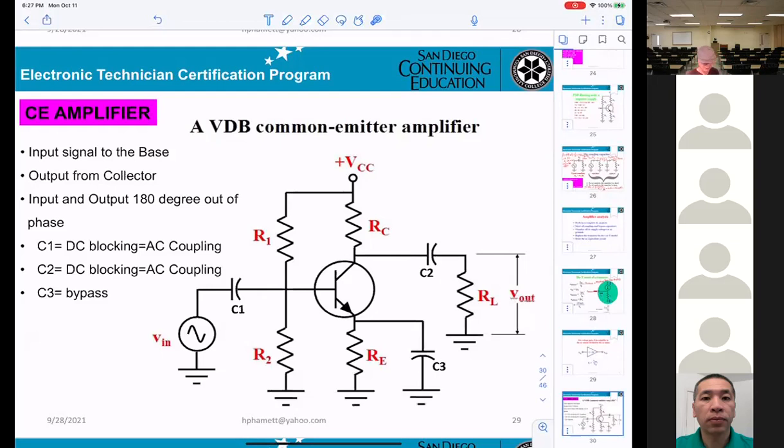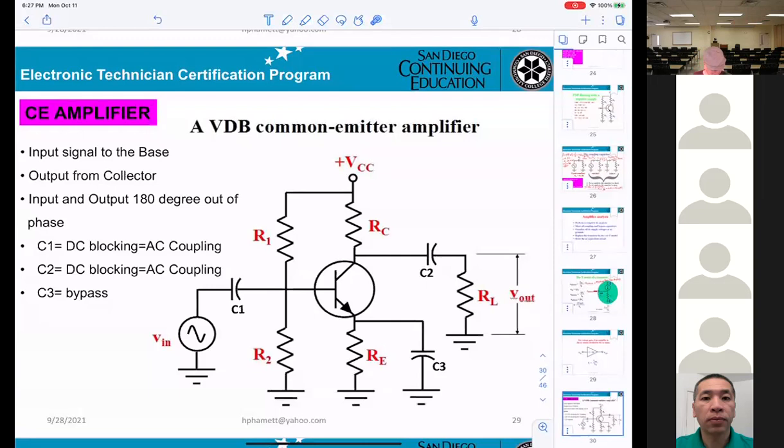So the first configuration we're learning is the common emitter. That's what they call a CE amplifier. You don't have to design it, but when you're looking at the circuitry, you have to know whether it is a CE amplifier, a CC amplifier, or a CB amplifier.